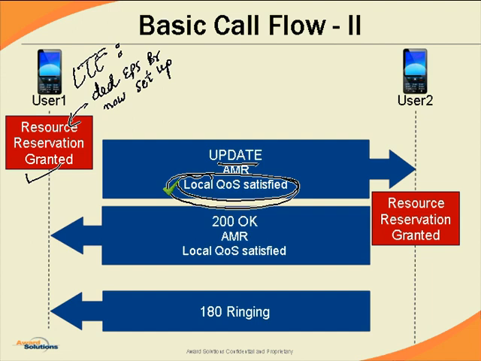Similarly, user 2 says my quality of service is also done. My dedicated bearer is also set up, if it's an LTE. So then it will respond with the code number 200. Now both parties know that quality of service has been taken care of.